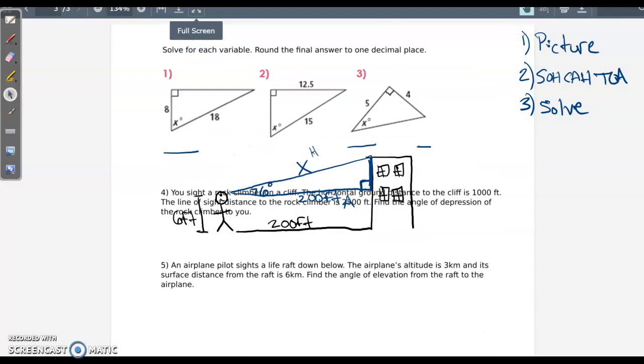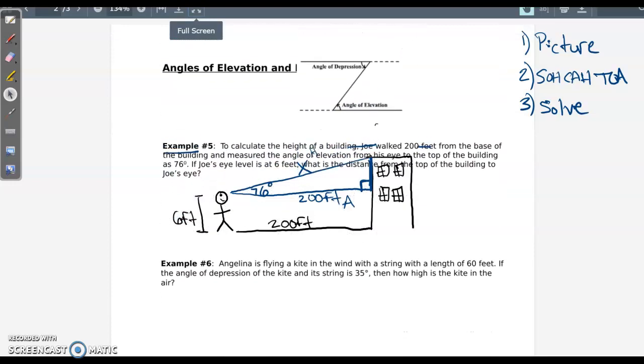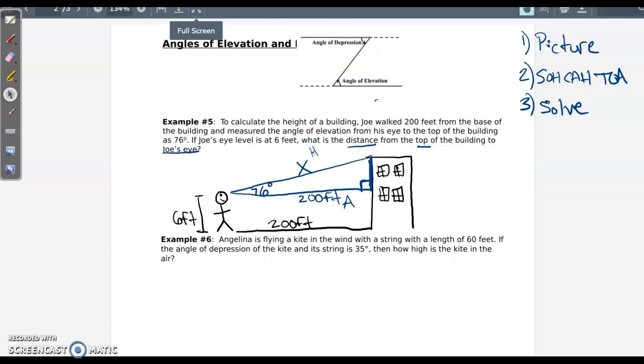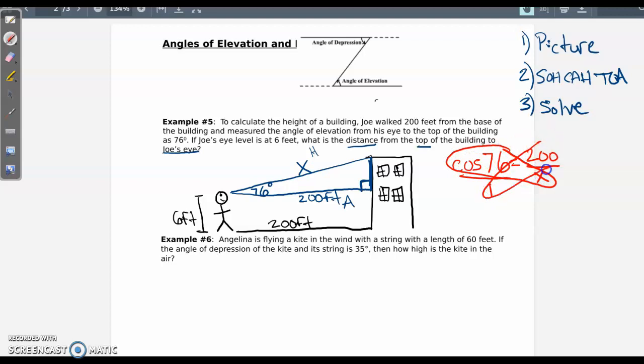So we're going to use cosine. Cosine of the angle is going to equal adjacent over the hypotenuse, setting up a proportion and cross multiplying. 200 times 1 is 200 equals x times cosine 76.